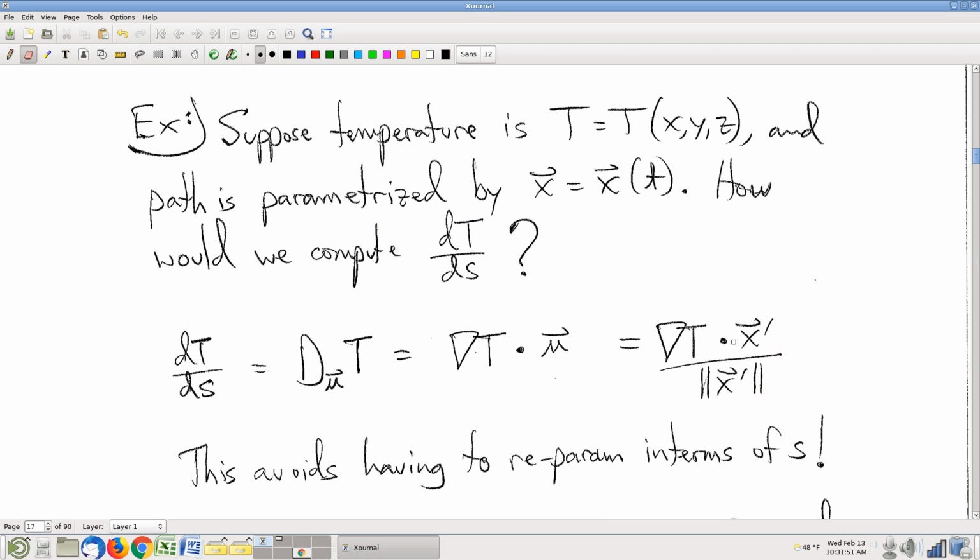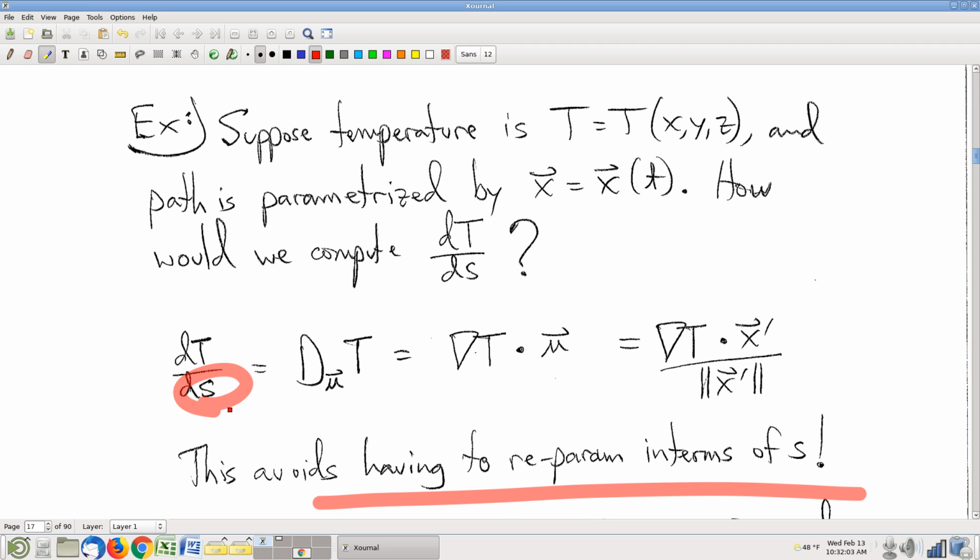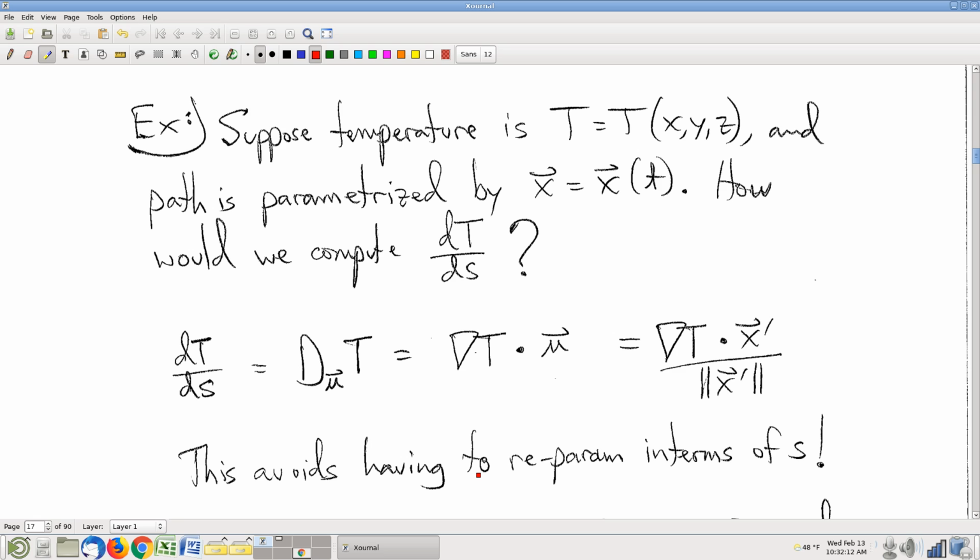Okay. Now, let me not oversell this particular example. Sure, we do avoid having to reparameterize in terms of s. Finding the arc length function and reparameterizing is a little bit annoying. But of course, here's another alternative way I could have done this. I could have written this as dT/dt divided by ds/dt.